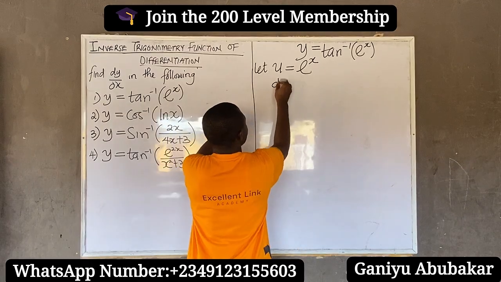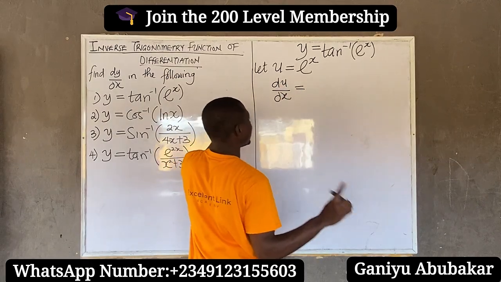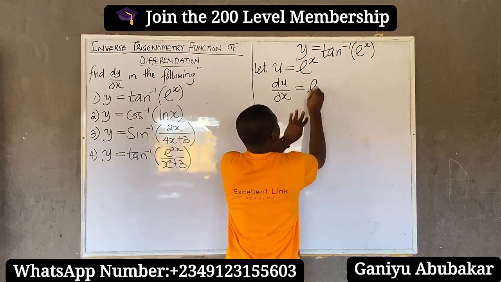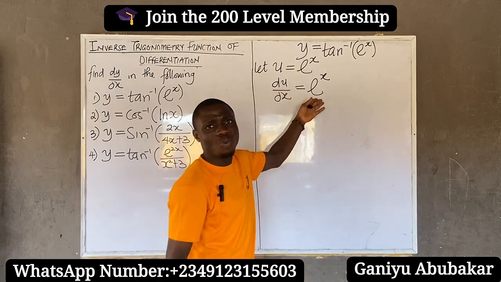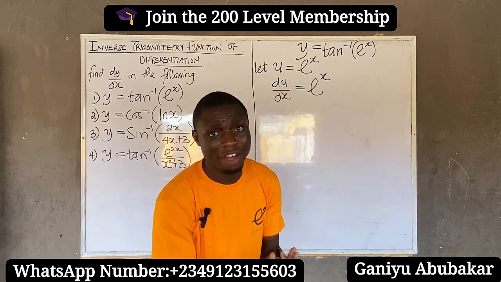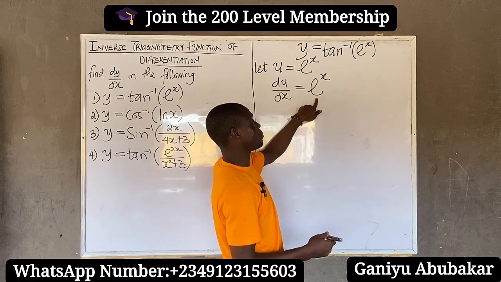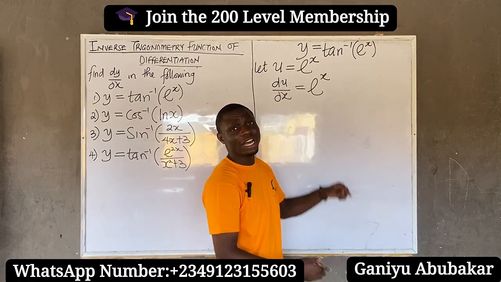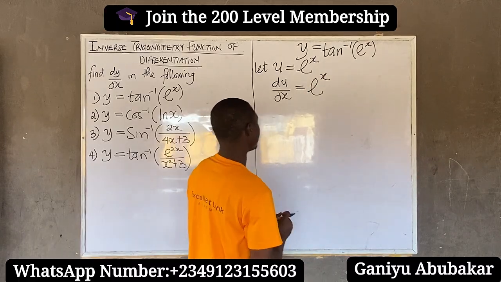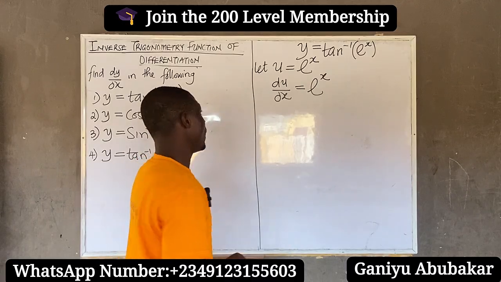This gives you du dx equal to exponential x. I have shown you why, so don't ask me why here. Watch our previous classes. I've explained that if I differentiate exponential x, I'll still have exponential x. I even gave you proof to it. So check the video description for revision's sake, please.